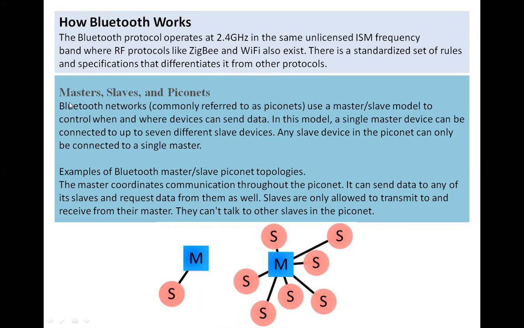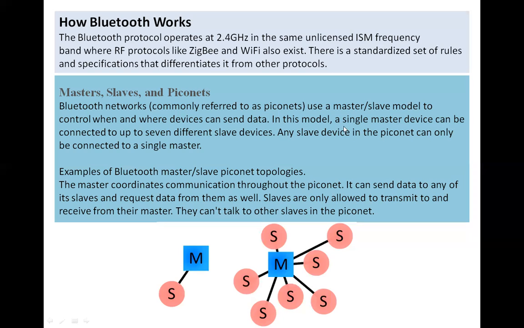Now we see masters, slaves, and piconet. In Bluetooth networks, commonly referred to as piconets, we use a master or slave model to control when and where devices can send data.